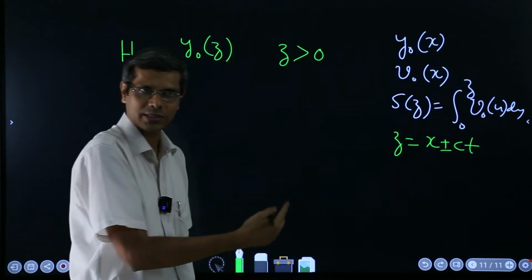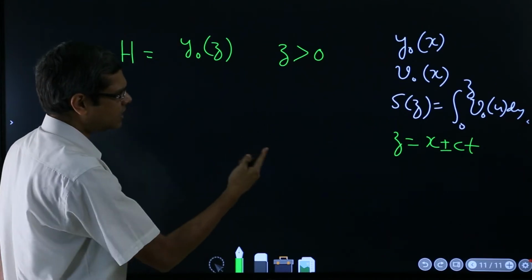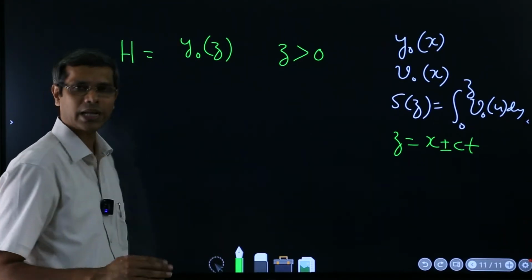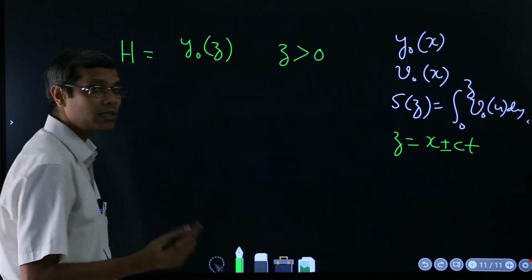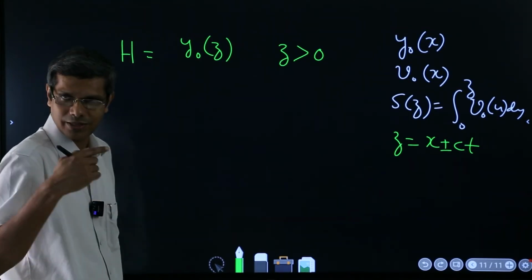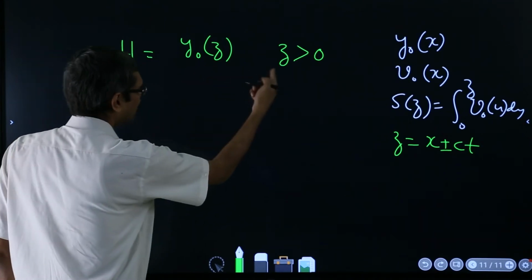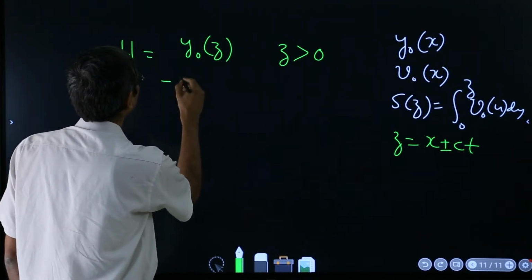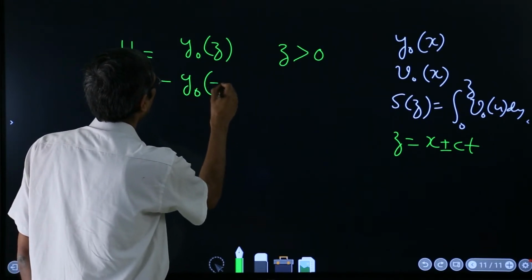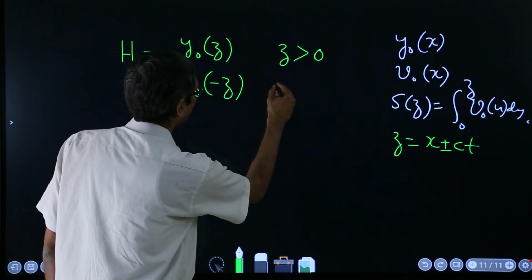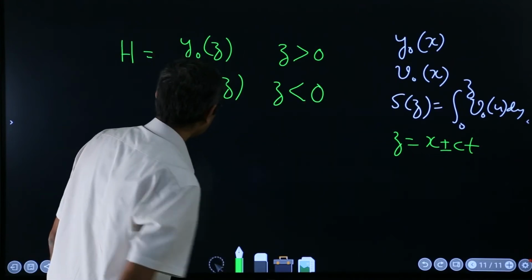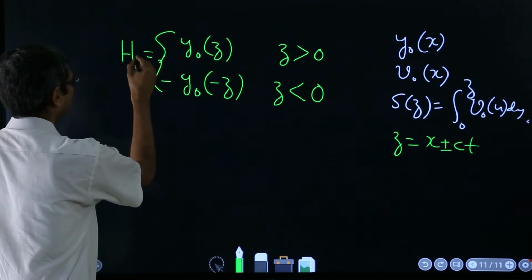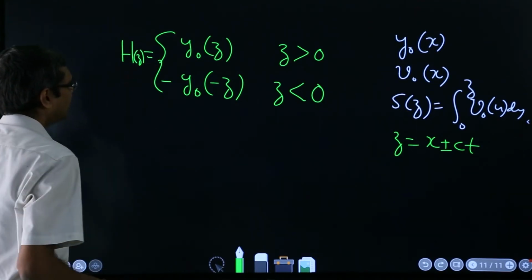We are going to replace z with that. But because t is changing, z can sometimes move to negative, and we don't have initial conditions, we can't define there. So that is why we are doing this. So this one will be, say, minus y naught of minus z for z less than 0. So this is your function h of z.